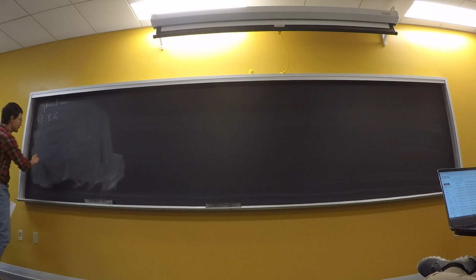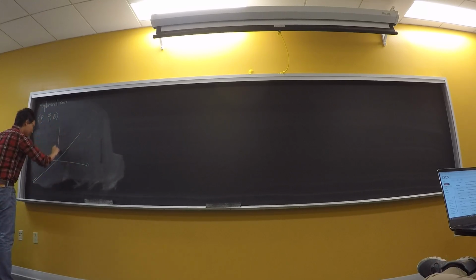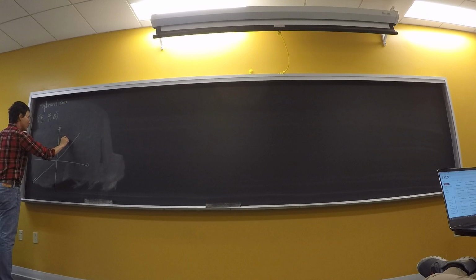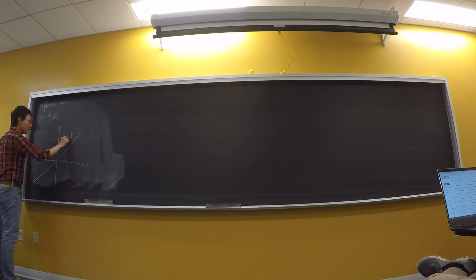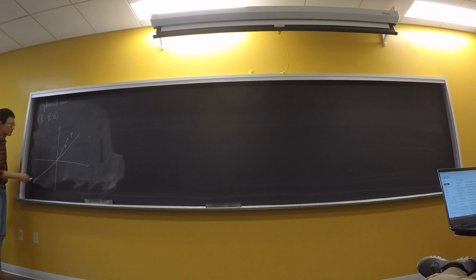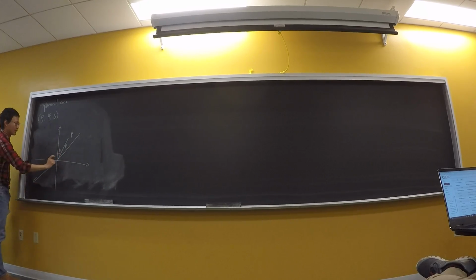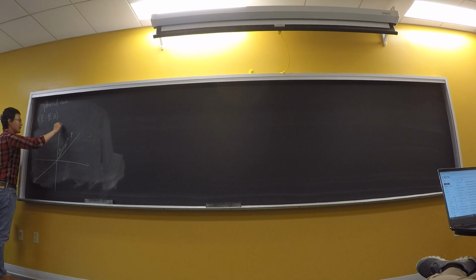This wording doesn't seem to mean anything. We have a picture that will be much more suggestive. So I have a point right here. If I connect this point and the origin, this is the distance given by rho. And this is the angle formed by the ray and the positive direction of the z-axis, phi.